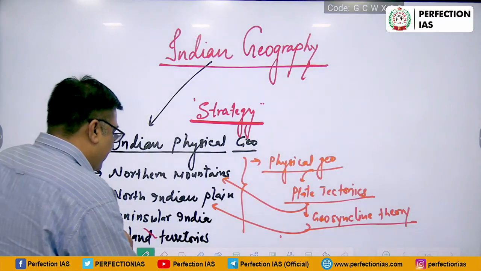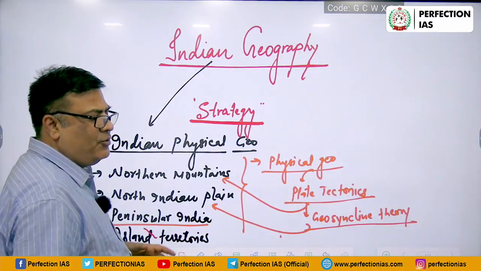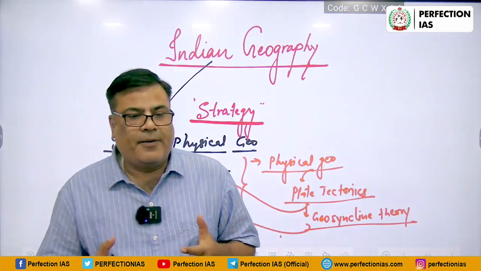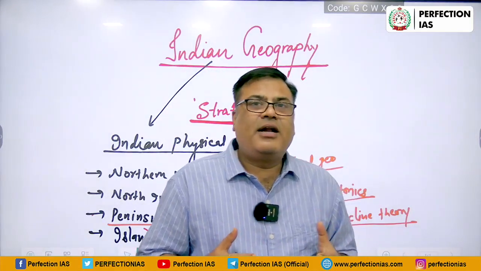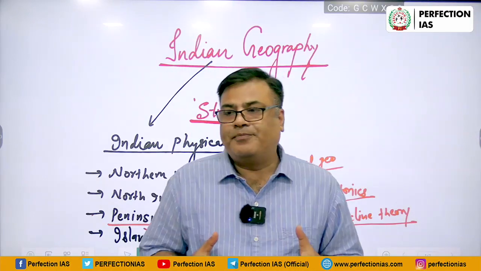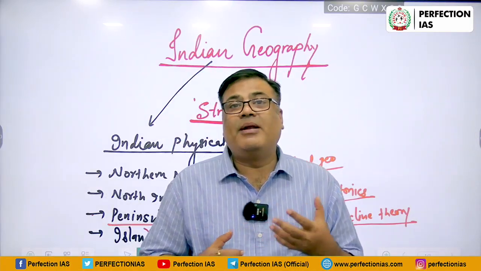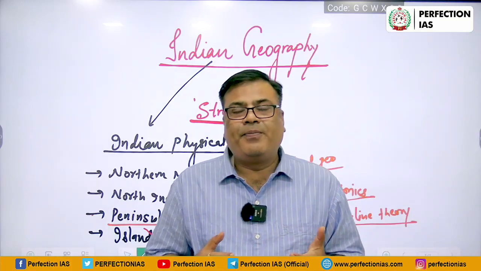जब पेनिनसुलर इंडिया आ रहा है तो there we have to learn roughly and mainly about the features of peninsular India. जैसे पेनिनसुलर इंडिया has a very composite structure because it consists of a number of plateaus upon it.